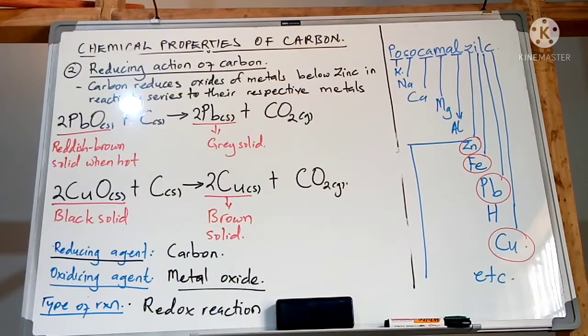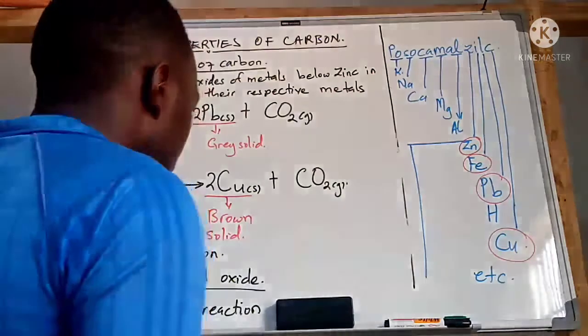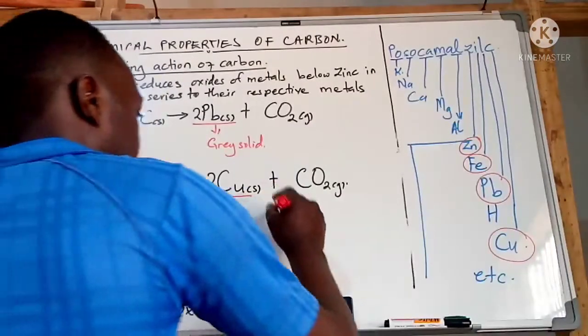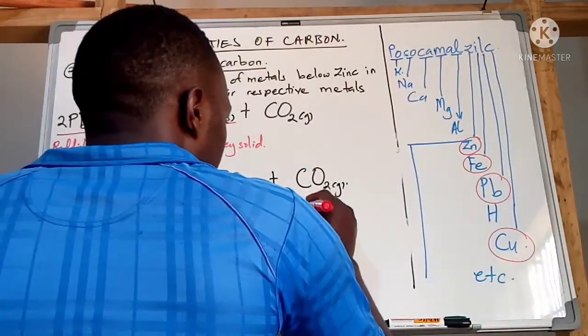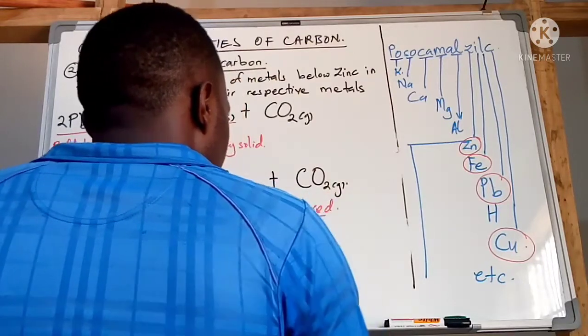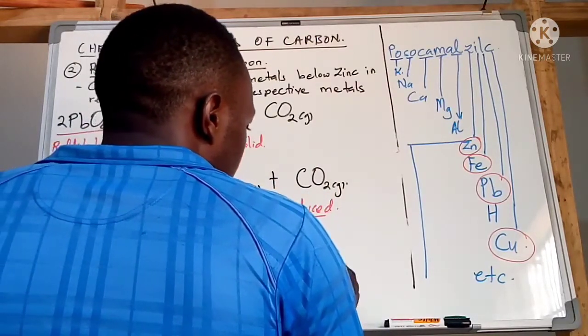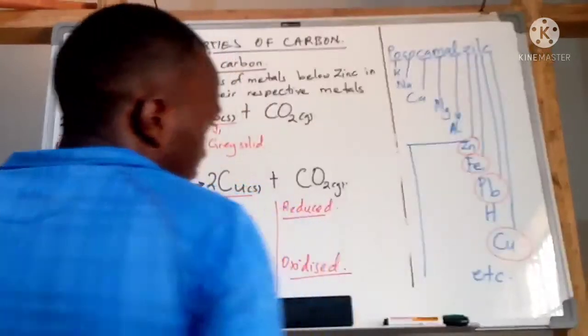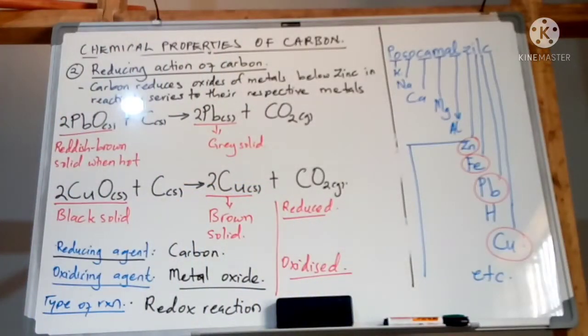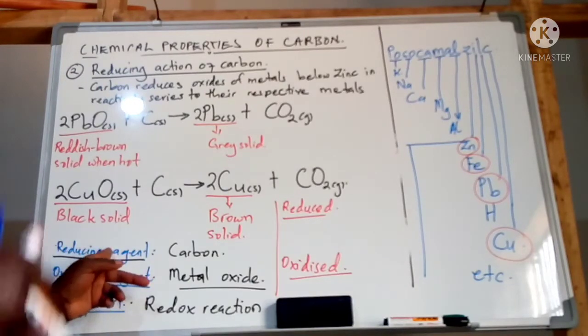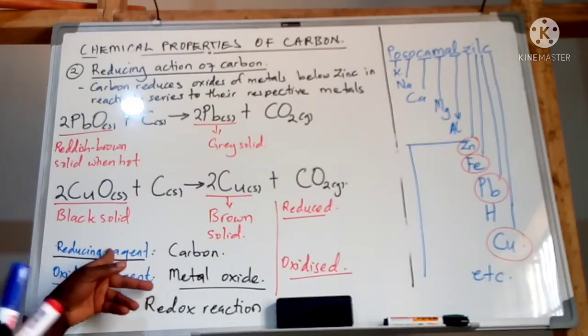So when we continue on this section, we can ask you to identify the substance which is reduced and the substance which has been oxidized. Make sure you can identify those substances. The reducing agent, after the reaction, becomes oxidized.